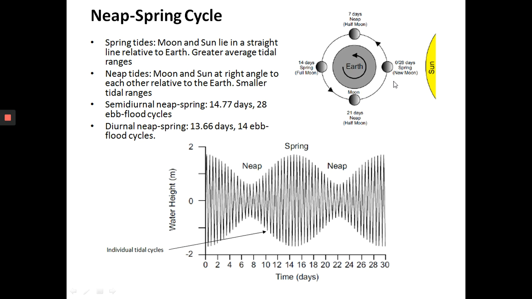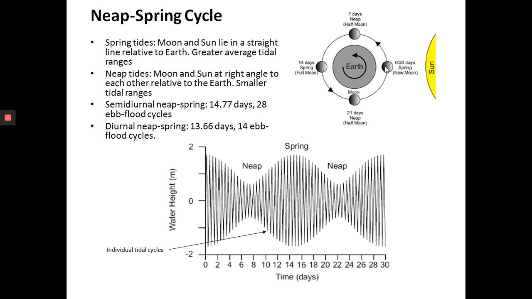During certain times, you get the moon in a position like this: the moon, the sun, and the Earth lie in a straight line. Because of the combined gravitational pull of the sun and the moon, you get greater tidal ranges, higher high tides during this time. These are called spring tides.